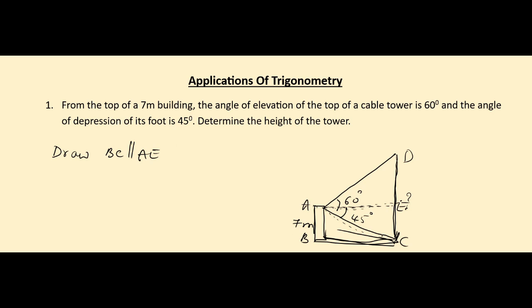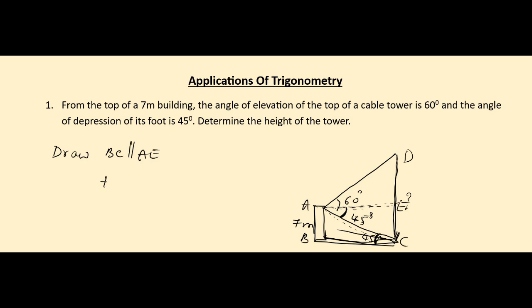If we want to find the angles, we have to find this angle C. For this, let us use the property of alternate interior angles. So if it is 45 degrees here, then here also 45 degrees.